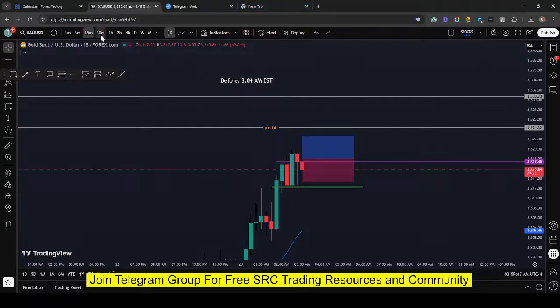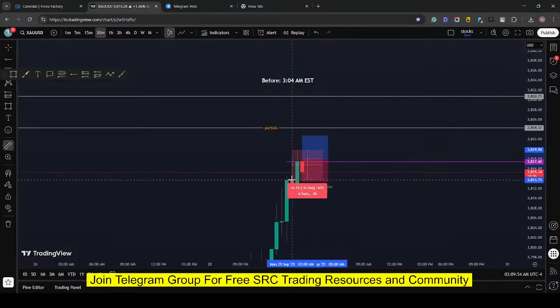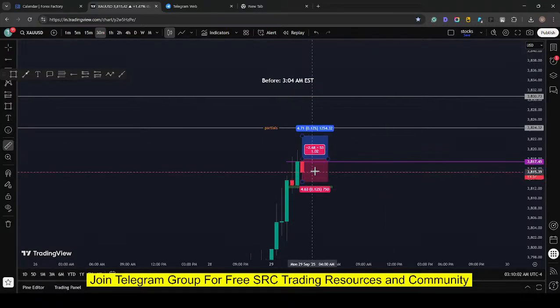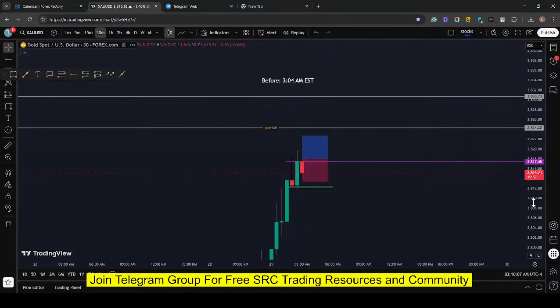The only thing I don't like about the 30s will be our stop loss, right? If we are planning to take buys above that candle, how many pips would it be? 63 pips is the stop loss. And what is the current stop loss? It's like 40 pips something.